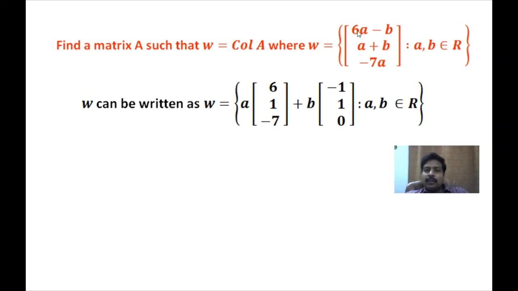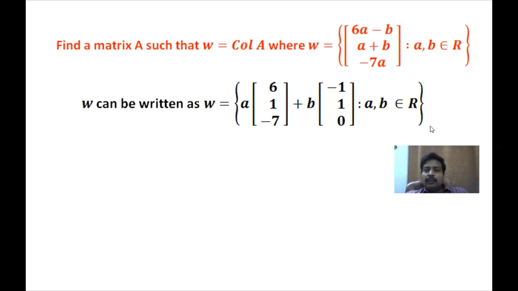So a times (6, 1, minus 7) in the 3 rows, plus b times (minus 1, 1, 0), such that a, b belongs to R.